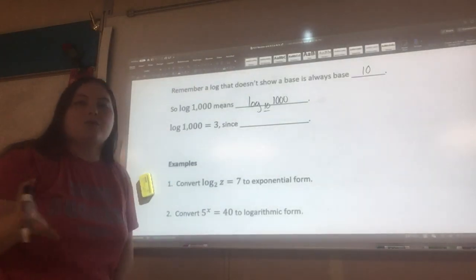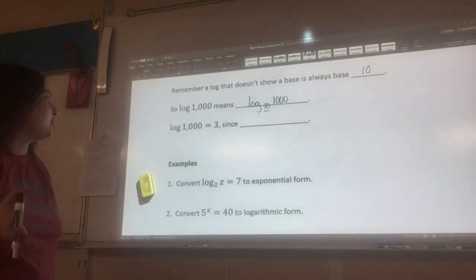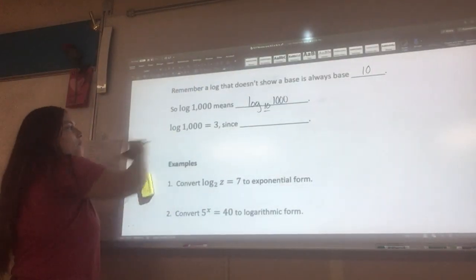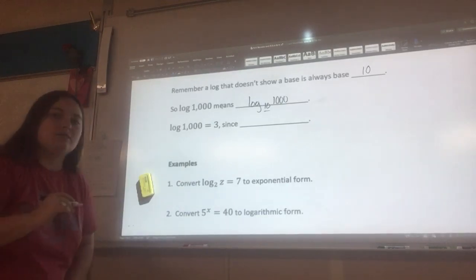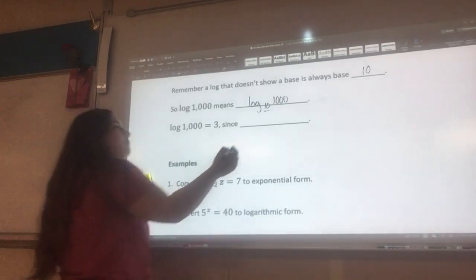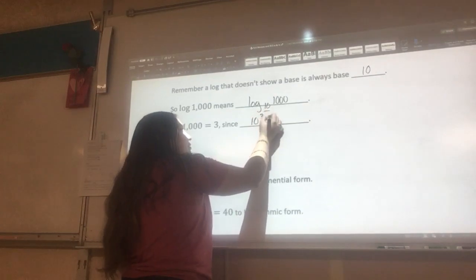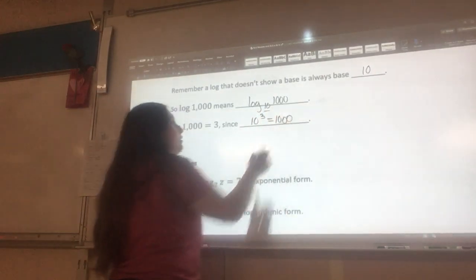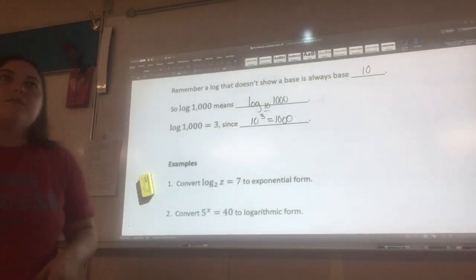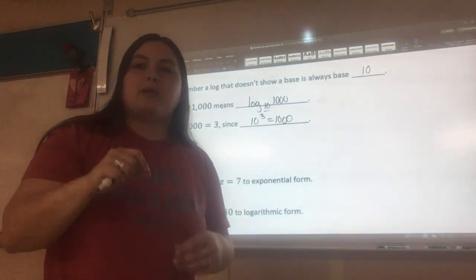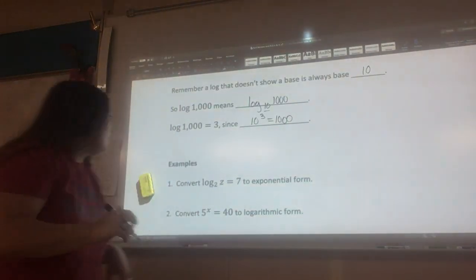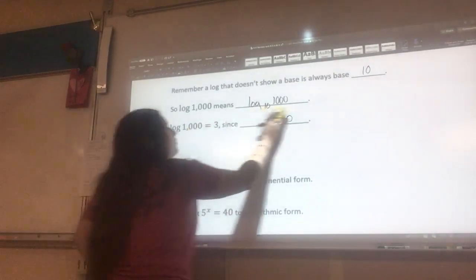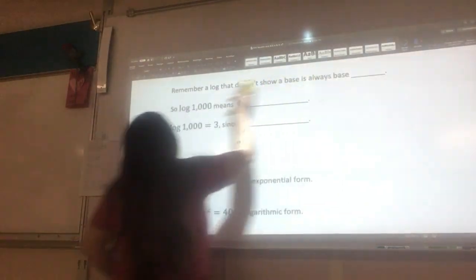It's that mathematical shortcut that mathematicians do. We like our shortcuts. So we know log of 1,000 equals 3 because 10 to the third equals 1,000. So remember, we can always go from a base to an exponent, and that's what we're looking for in our logarithms, okay? So we're going to move on to examples.